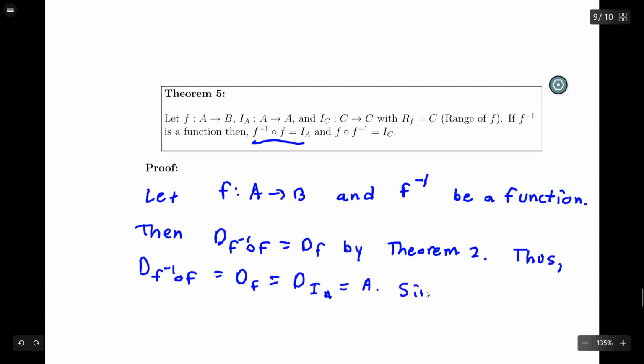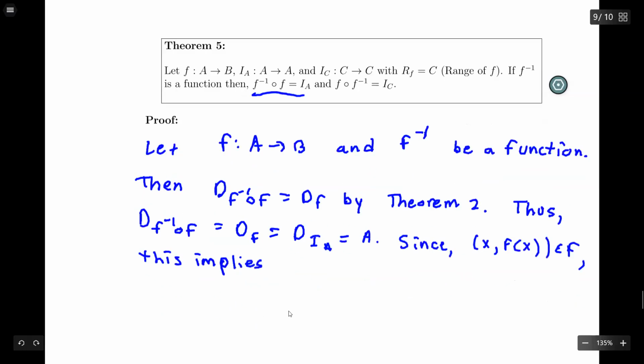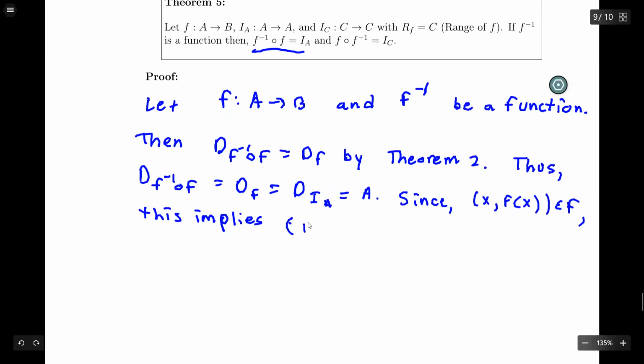So since the ordered pair (x, f of x) is in f, this implies that (f of x, x) is in the inverse of f. That's just by definition of the inverse function.